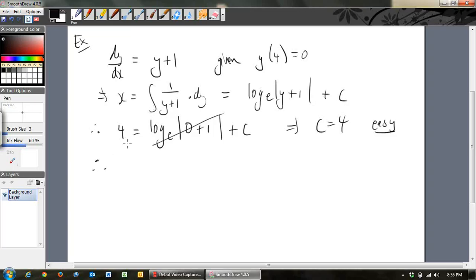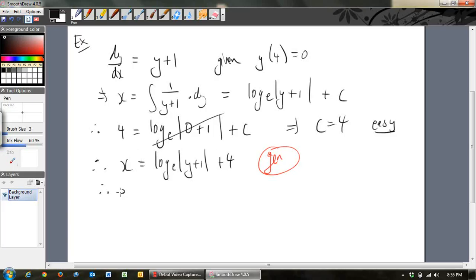So c is equal to 4. Therefore we have x equals log e modulus y plus 1, plus 4. There's your general solution. Fantastic. Now we need to rearrange this.